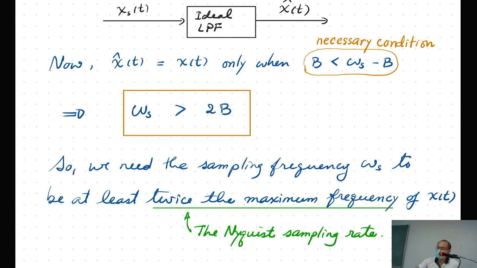In other words, the sampling rate would have to be greater than the Nyquist sampling rate if we are to be able to get the original signal back by passing it through the ideal low pass filter. Okay?